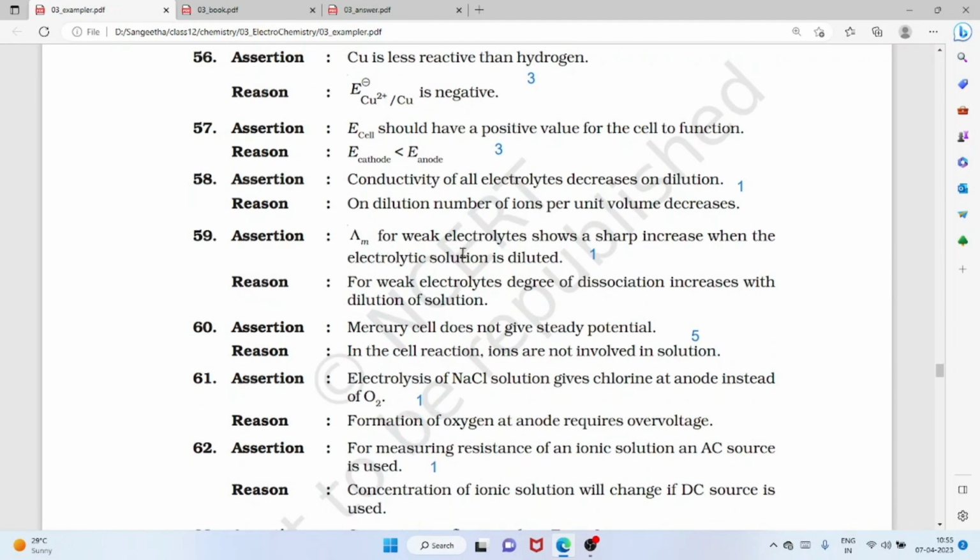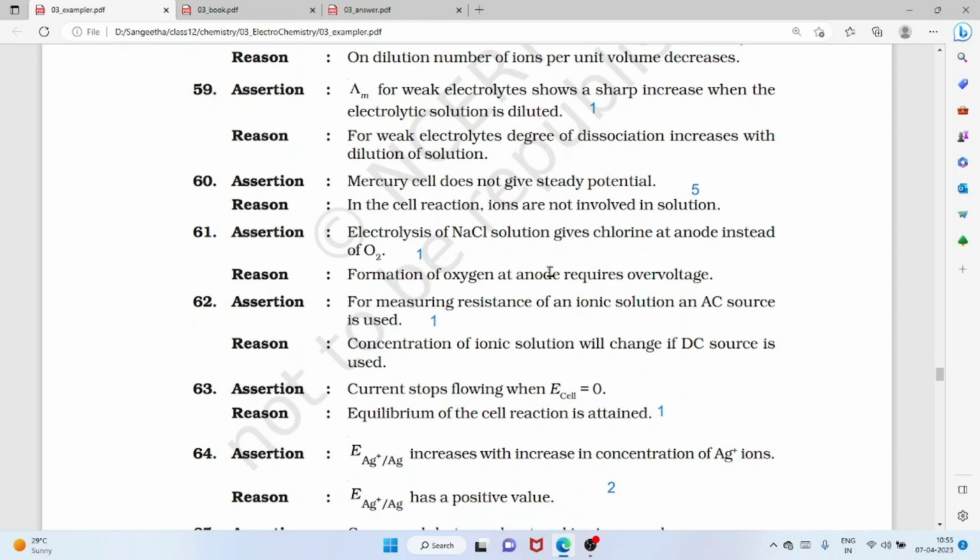Molar conductivity of a weak electrolyte shows a sharp increase when the degree of dissociation increases, and yes, a weak electrolyte dissociates fast. Reason and assertion both are correct.